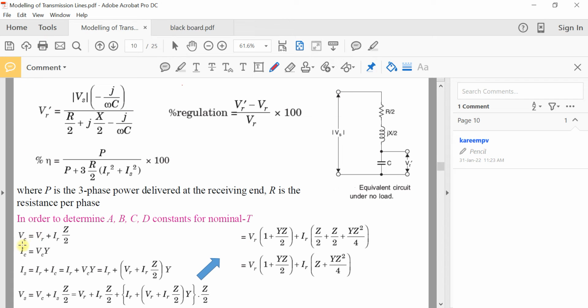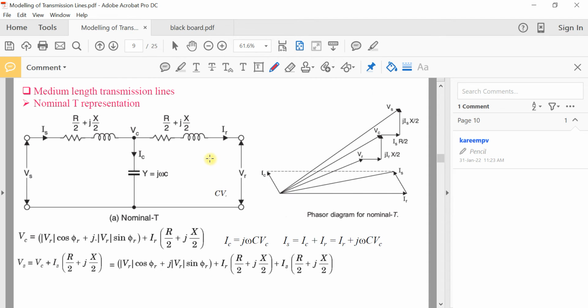Here you can see that this is the first equation: Vc is equal to Vr plus Ir into Z by 2. We are representing this parameter as Z by 2. The line resistance and the inductive reactance, we are considering that half of that will be on this side of the Vc, and half at the receiving end.